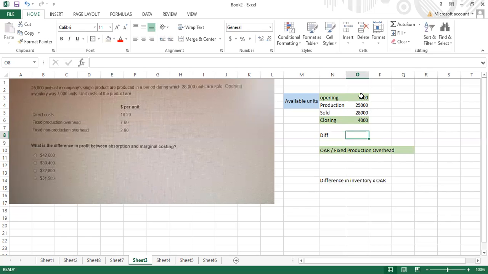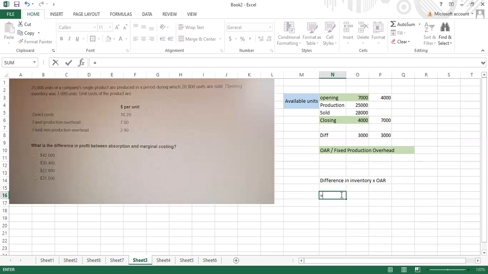You can see the difference of opening and closing is 3,000. Don't think about whether it is positive or negative. It could be 7,000 here, or it could be 4,000 here. Suppose again you will say 3,000 is the difference, because whether the opening is more or the closing is more, you will see the same difference. So the difference is there.